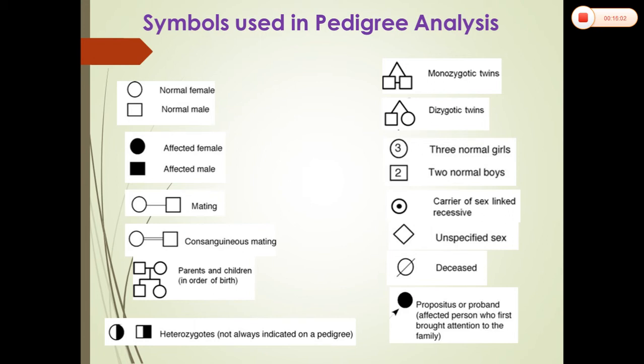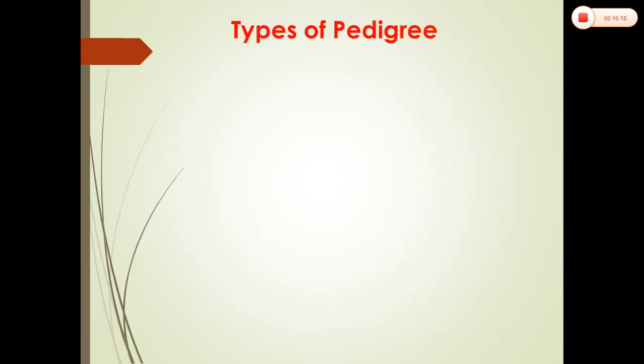Fine. But for identification for MCQ, any one of these can be asked. So you should know the meanings of these symbols. Fine. So these are the symbols which are used in the pedigree analysis. Okay. Now let's move toward the next one.